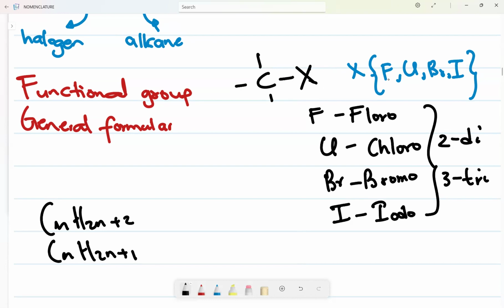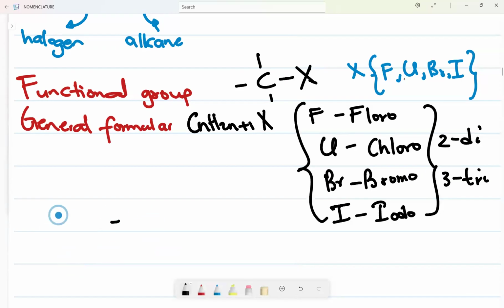So the general formula will be CnH2n+1X. Yes, this is the general formula.